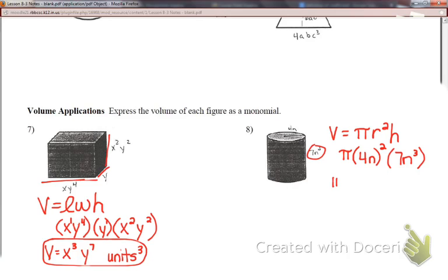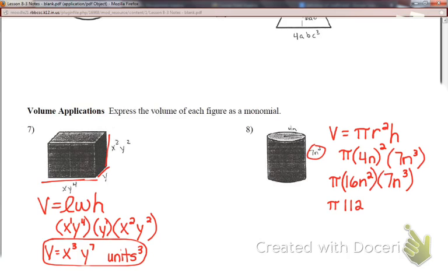So we'll keep the pi in front. The radius squared, that's 4 squared, which is 16. And then the n also gets squared, don't forget about that. And then that needs to be multiplied by the 7n to the third. So the 16 and the 7 get multiplied because they are just coefficients. 16 times 7 is 112. So we'll go pi and then times 112.